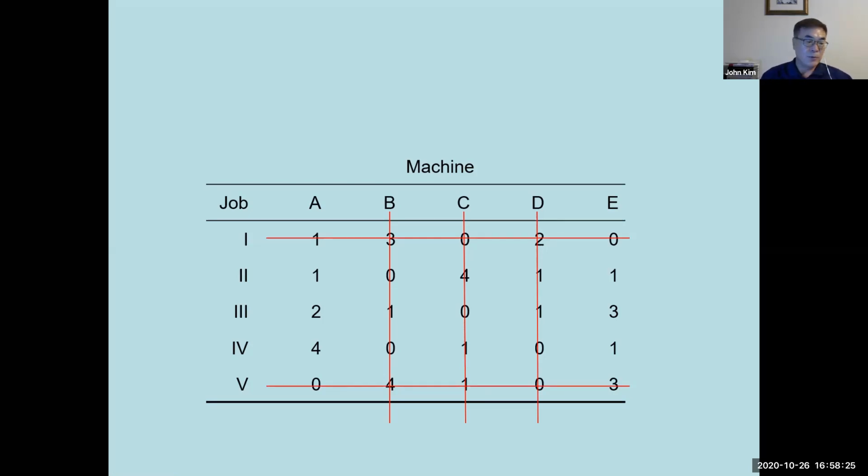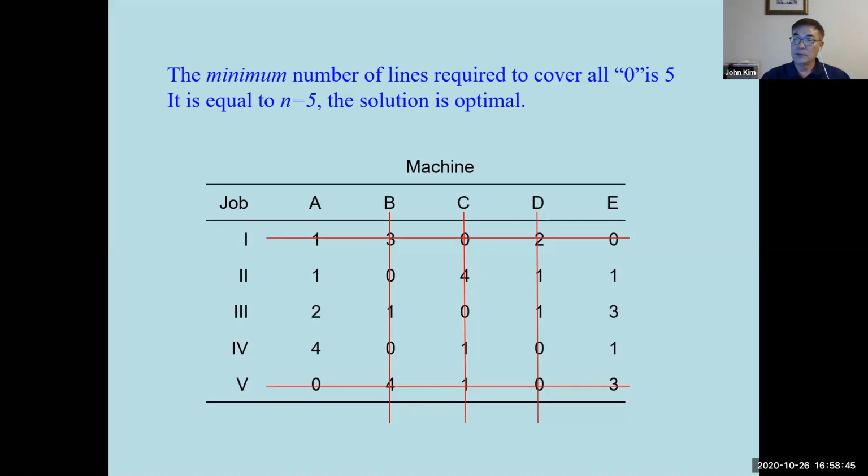So the minimum number of lines to cover all zeros is now 5, the same as n, 5. So we can get the optimal solution. The minimum number of lines required to cover all zeros is now 5. It is now equal to n.